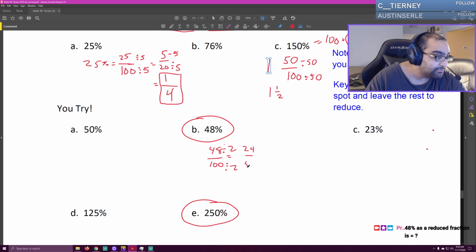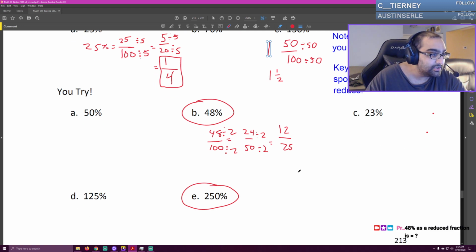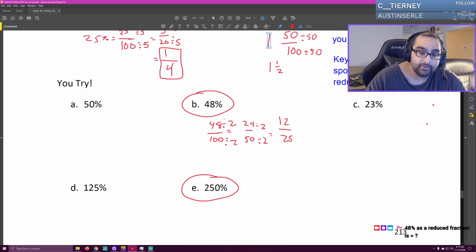Get 24 over 50. You divide by 2 again. So your final answer here should be 12 over 25. All right. So that's what we should have here first.